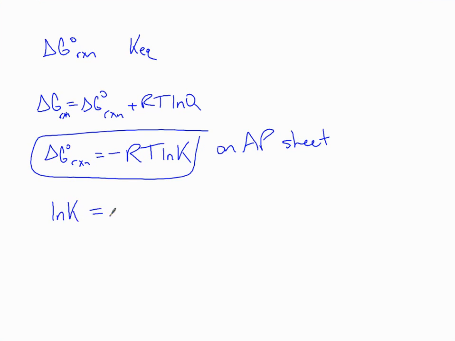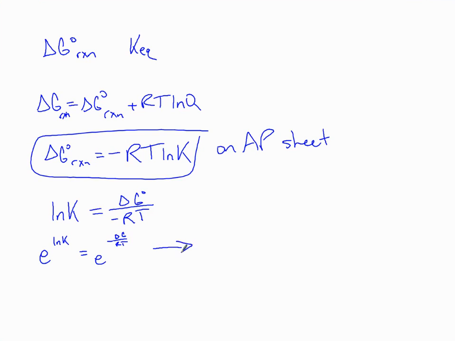So you've got natural log of K equals delta G over negative RT, and how do you get rid of a natural log? Math students, you know how to get rid of a natural log? On your calculator, press the button that says second and then hit natural log. Oh, just E. It's E, yeah. So basically you want to do E to the ln K equals E to all of this.